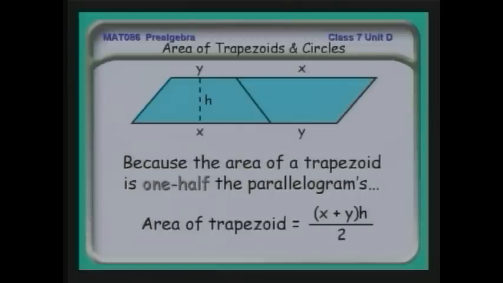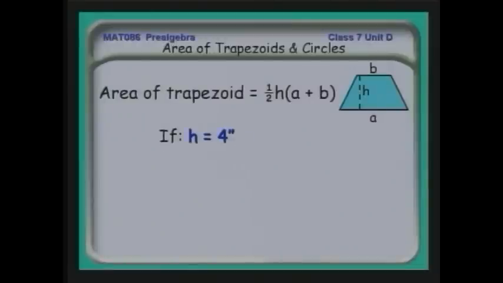I probably could have just given you the formula, but it's nice to know where things come from to get an idea. And again, you should probably write down the sum of the bases times the height times 1/2, or divided by 2, on your little card. Now let's look at an example.